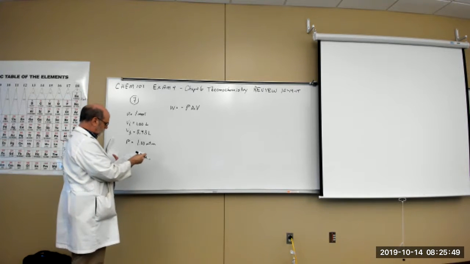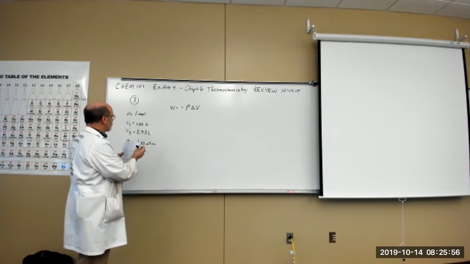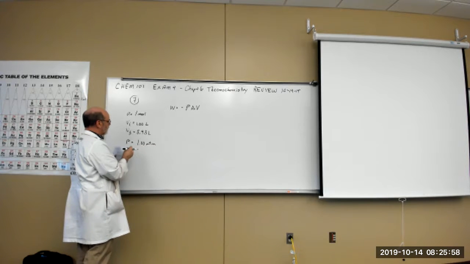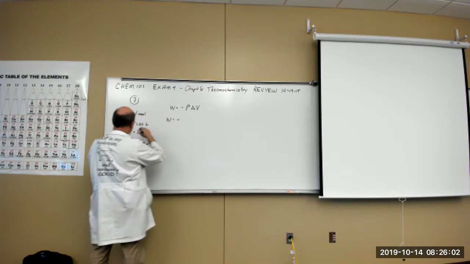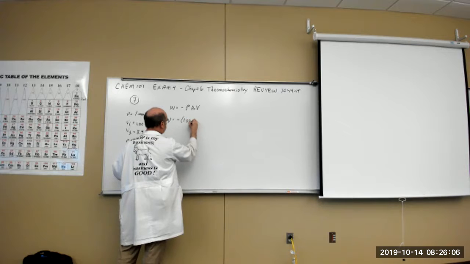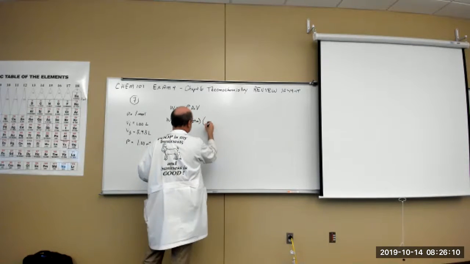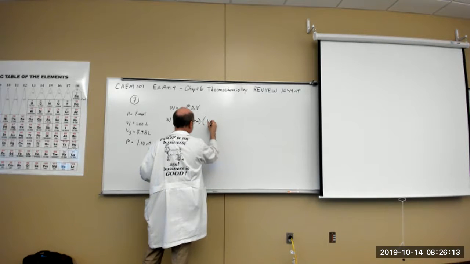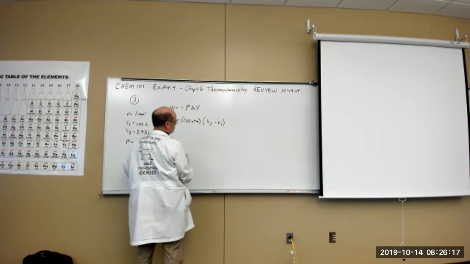Once you know that, all you have to do is calculate what's the change in volume. So the pressure is 1 atmosphere. And the change in volume is final minus initial. Right?